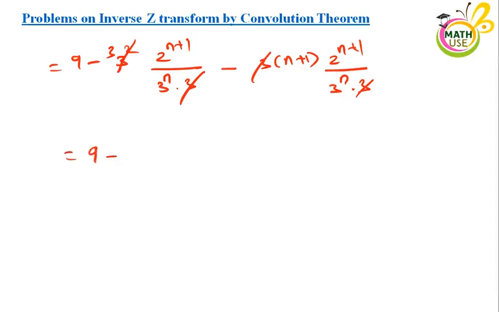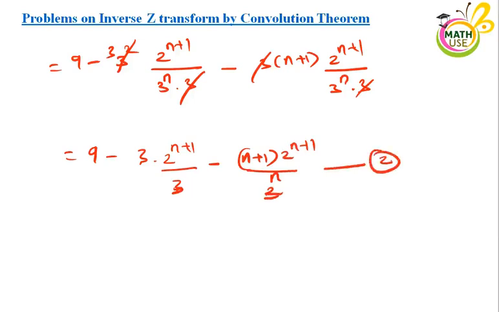So it is 9 minus 3 into 2 power n plus 1 divided by 3 power n, minus n plus 1 into 2 power n plus 1 divided by 3 power n. So this is equation number 2. Now let us substitute this equation number 2 in 1.